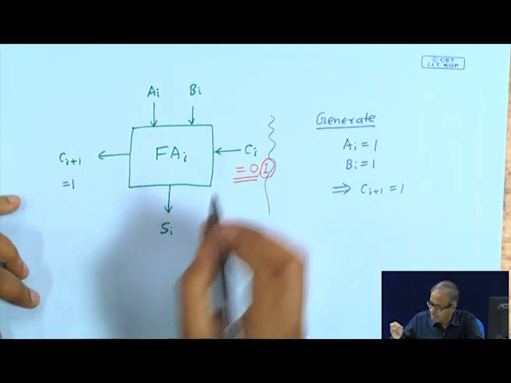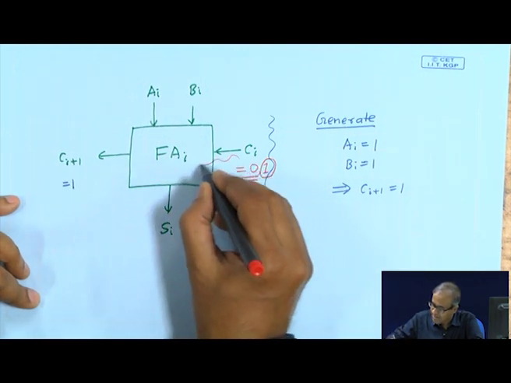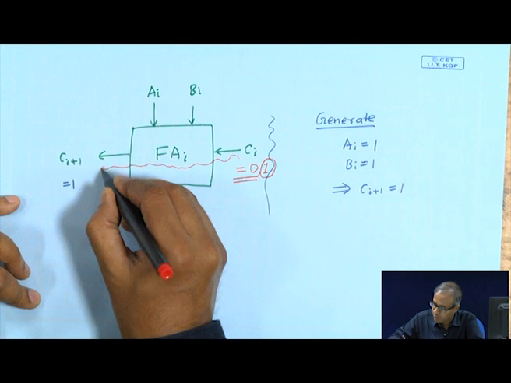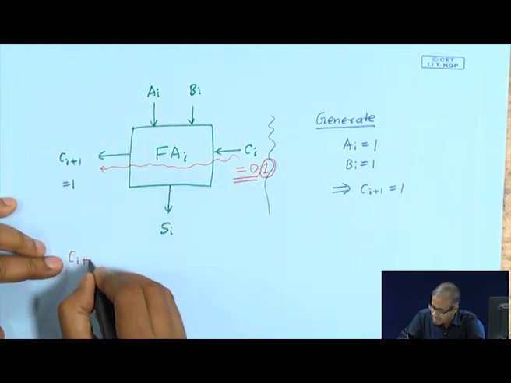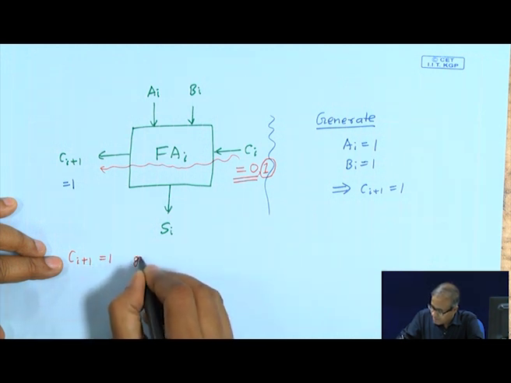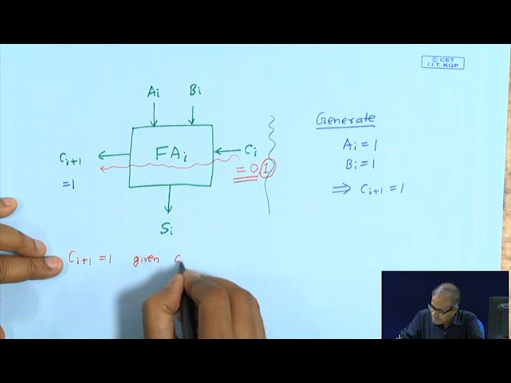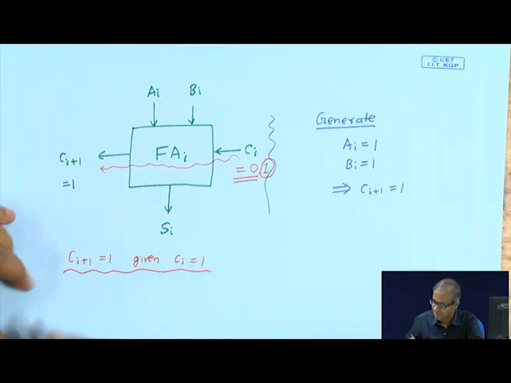It can be 0 or 1. My question is, under what condition will this input carry propagate to the output? That means ci plus 1 equal to 1 given ci equal to 1. What are the conditions for that?